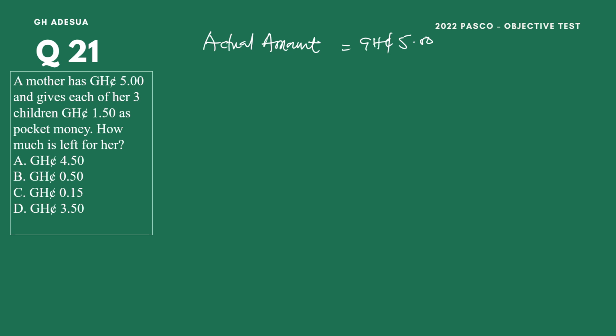Then the number of children, we have 3 children. Then the total amount given, according to what she gave to each child, would be the 1.5 Ghana cedis.